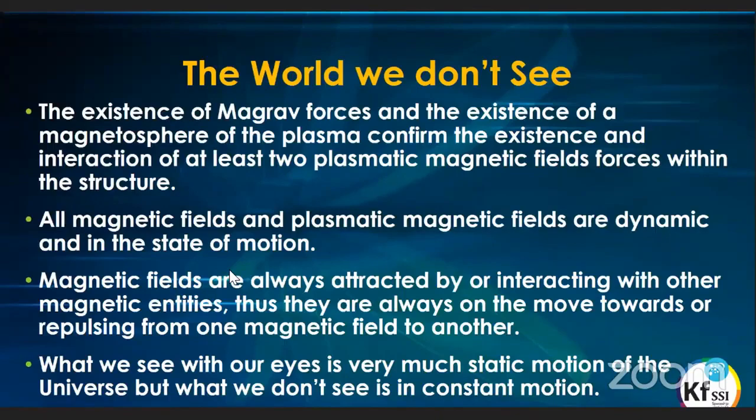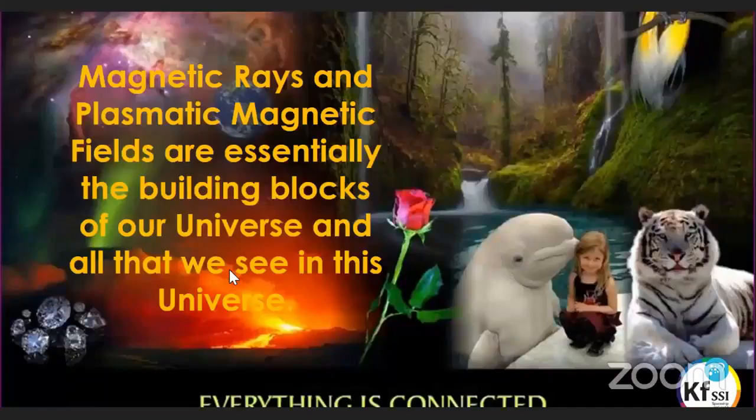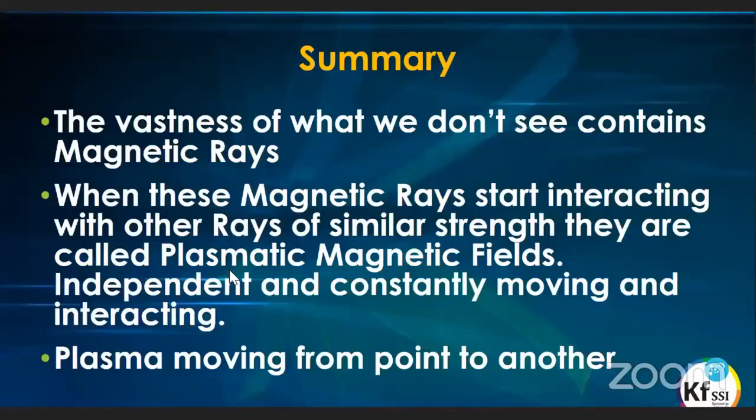So essentially, our magnetic rays and the collection of magnetic rays are essentially the building blocks of our universe and all that we see. So everything stems from the interaction of these fields. So the vastness of what we don't see contains these magnetic rays.